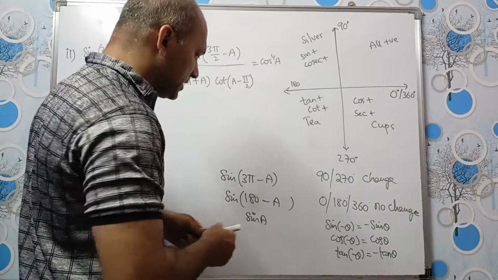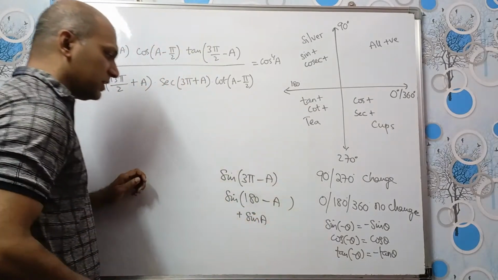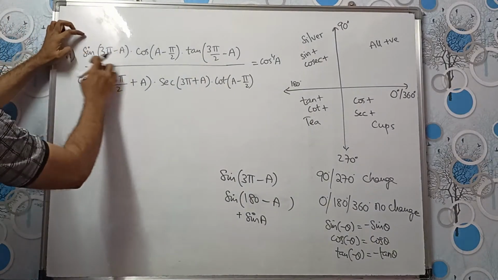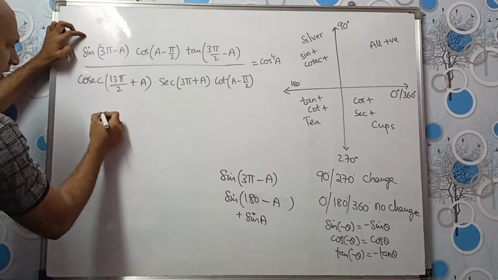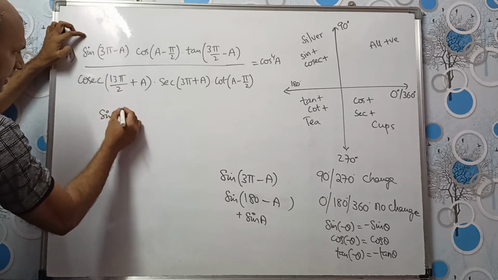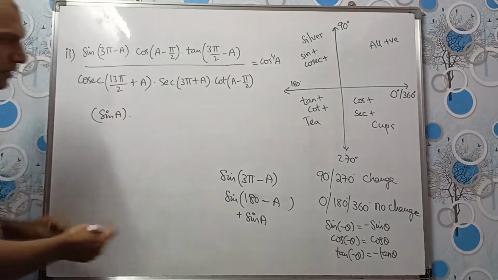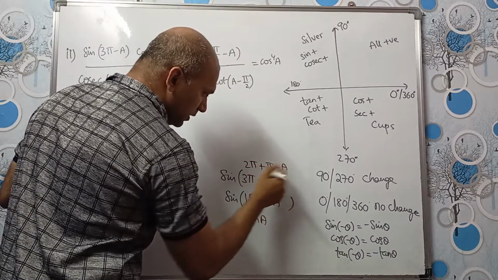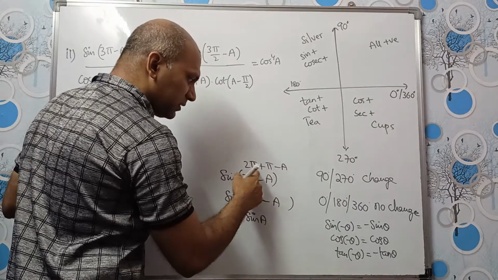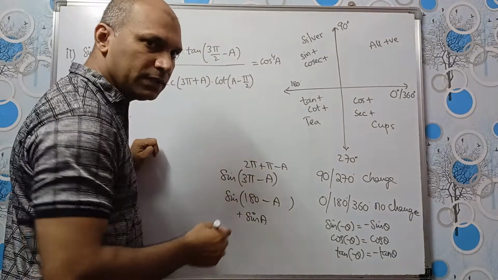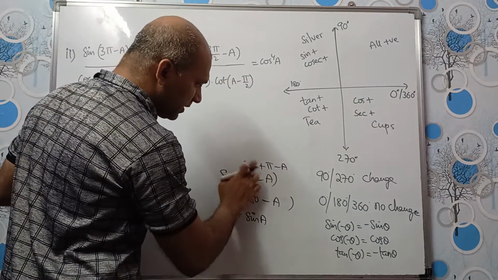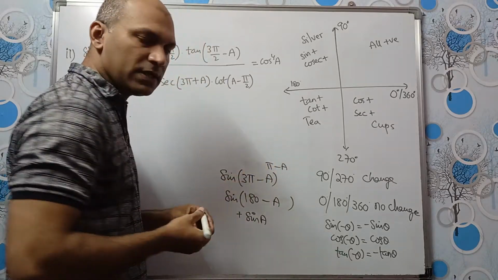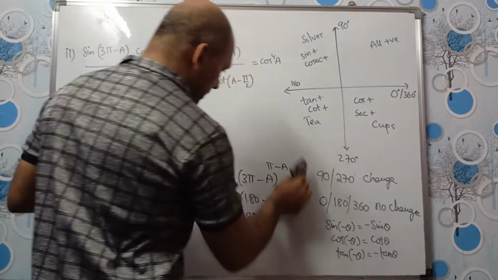In the second quadrant sin is positive, so this will be positive sin A. So this whole part, sin(3π − A), is plus sin A. See how we got rid of this. We wrote 3π as 2π + π. 2π + π is 3π only, right? And this 2π is 360 degrees. 360 degrees and 0 degrees are the same, right? So we can delete that.